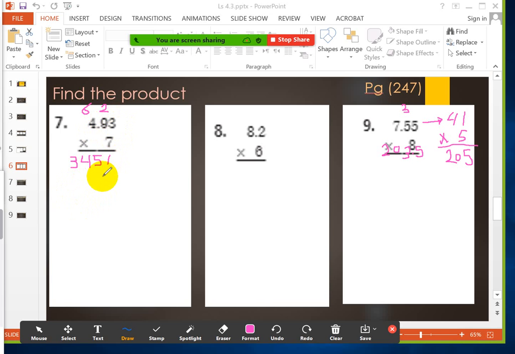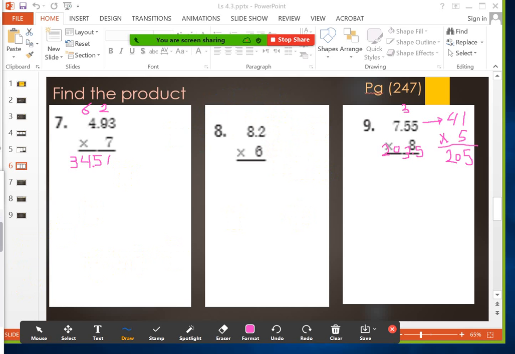Again, Reem, focus. You have 2 digits after the point. That means I have to move the decimal point only 2 digits, so it will be 34.51. Thank you so much. That's correct. So the number will be 34.51 hundredths.